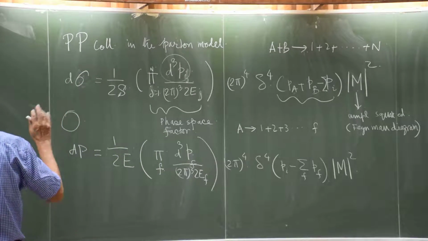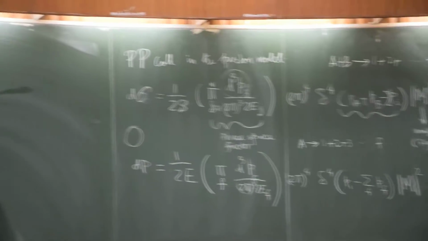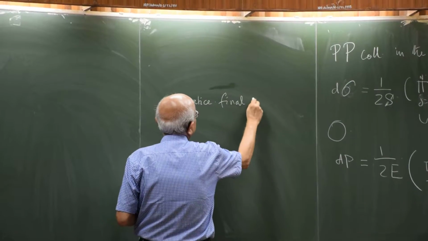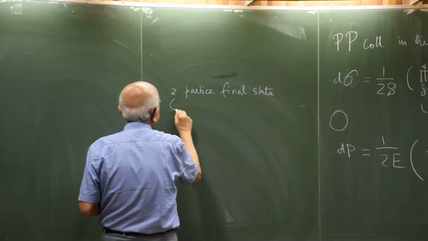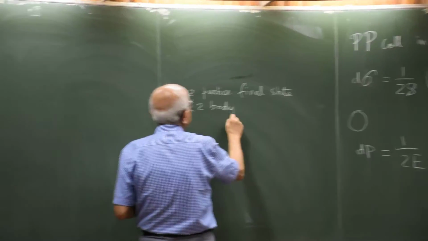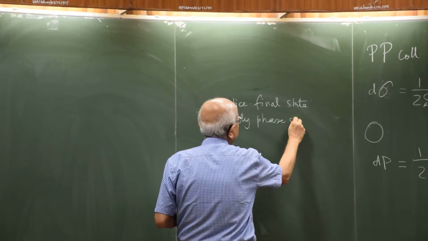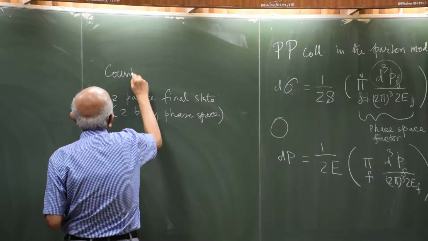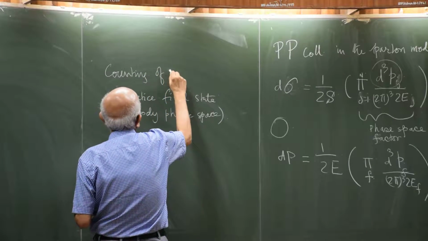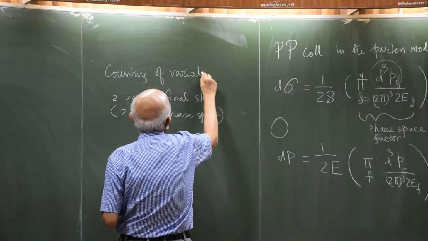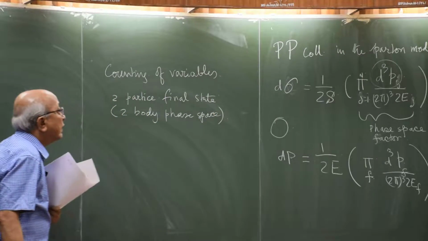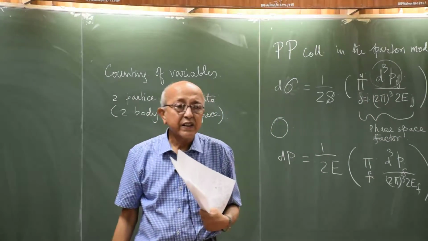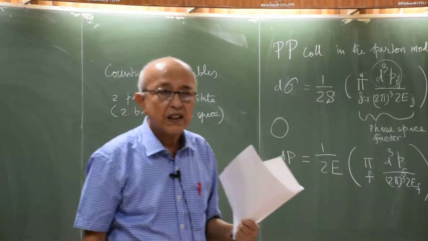Now suppose I consider a scattering process or decay process, does not matter, a two particle final state. In technical terms we call it a two body phase space. Now here we have two such integrals then. Each is three-dimensional, right?